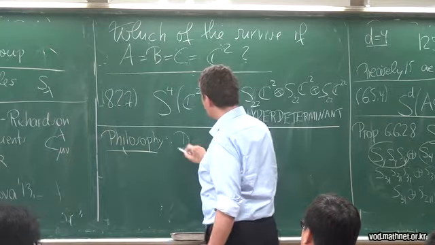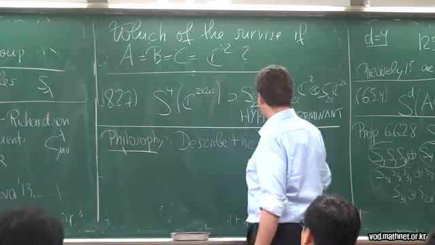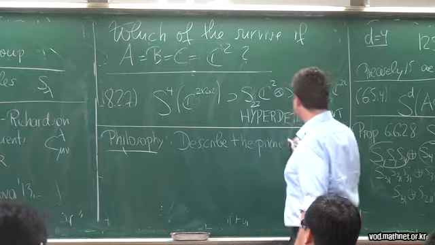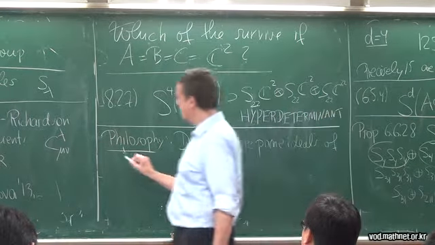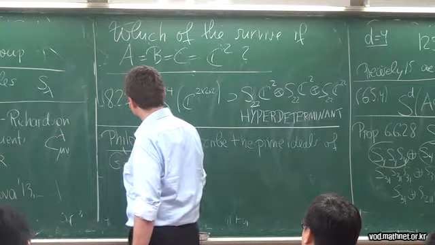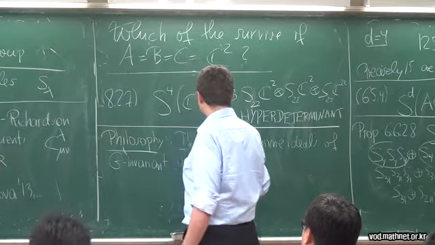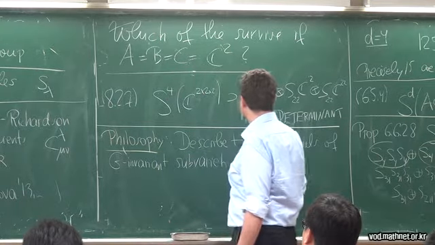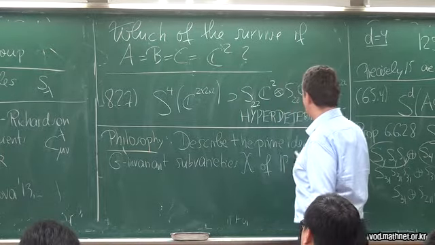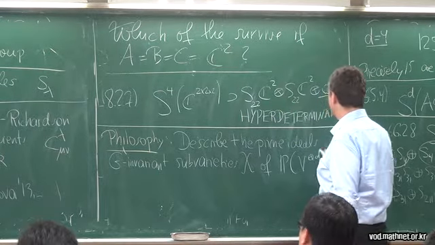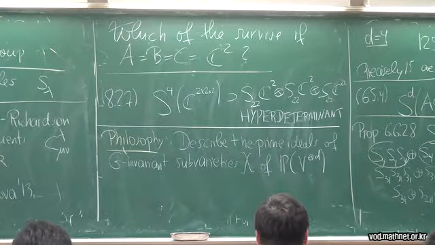We want to describe, for example, the prime ideals of G-invariant subvarieties X in tensor space, or typically they are projective varieties, so given by homogeneous polynomials in a tensor.